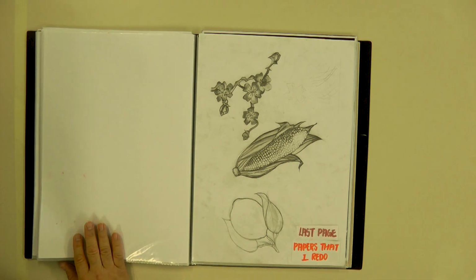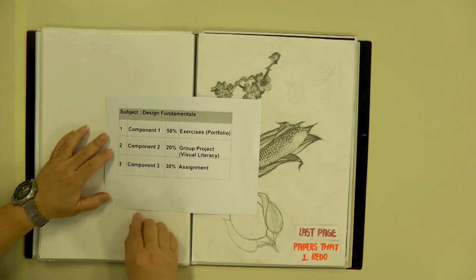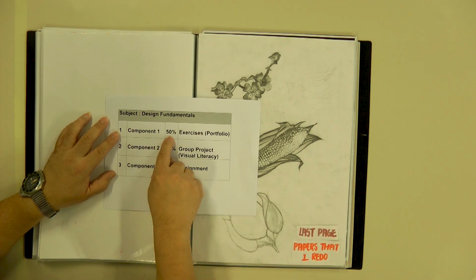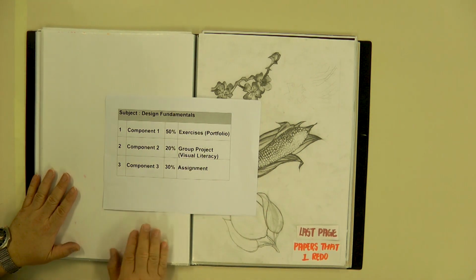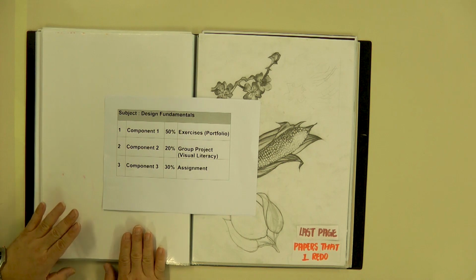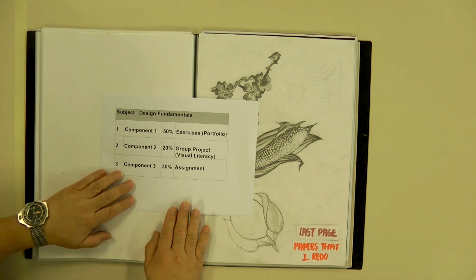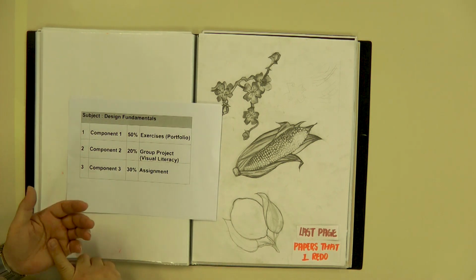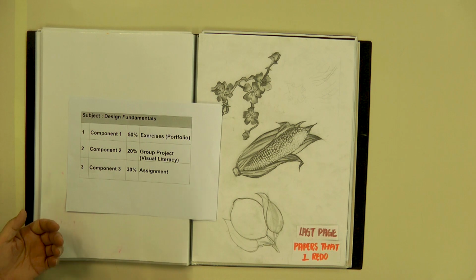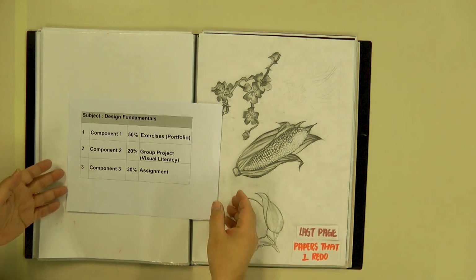Yep. Now, before I go, again, just in case you're still confused and not very sure, component 1, 50%. This one, we ask for the exercises to be put in what we call a portfolio, or an art folder, 50%. Now, 50% means that the drawing in pencil, the color work, and a bit of the assignment has to be put in, okay?